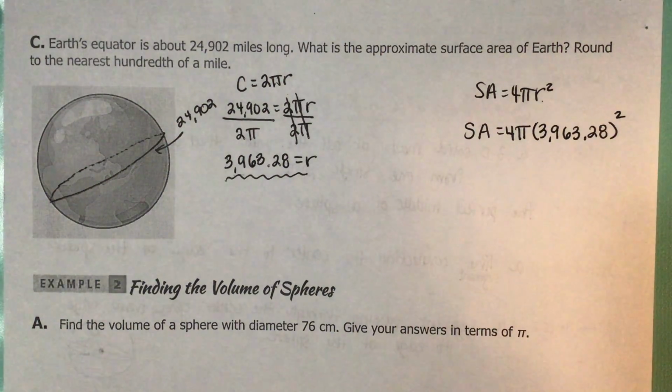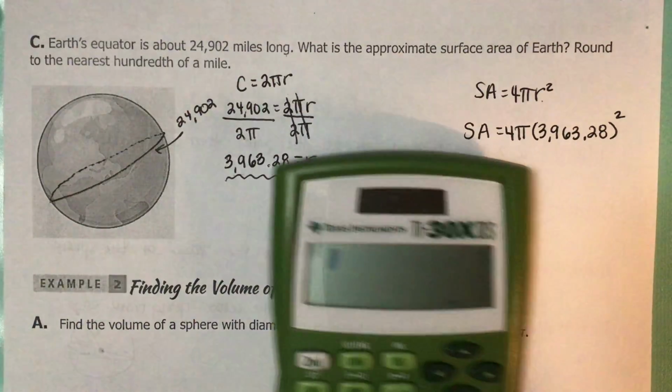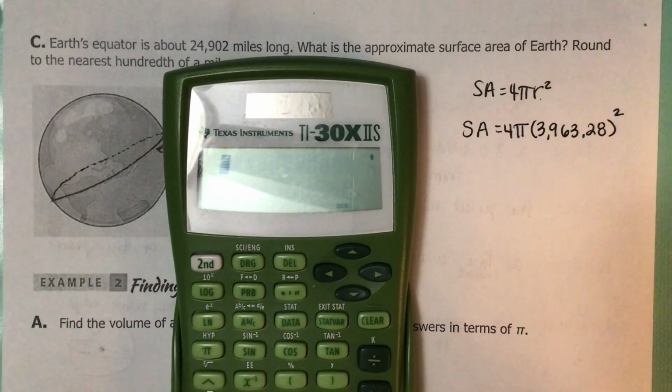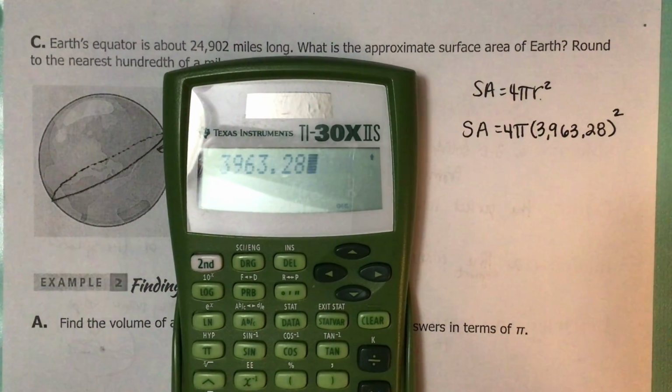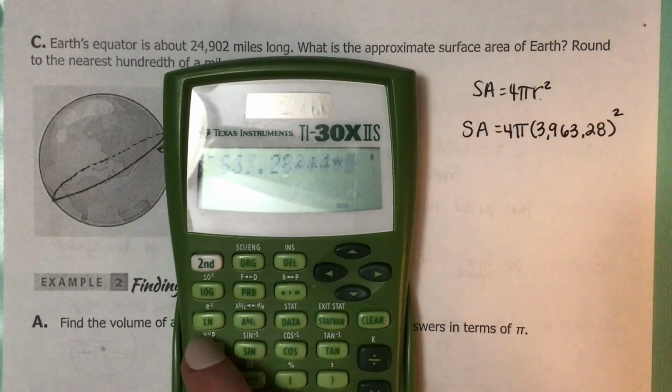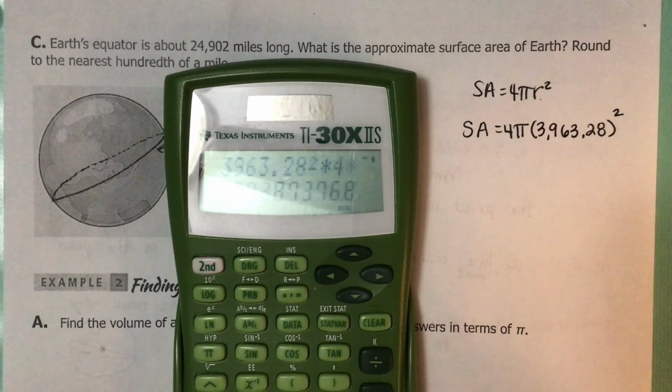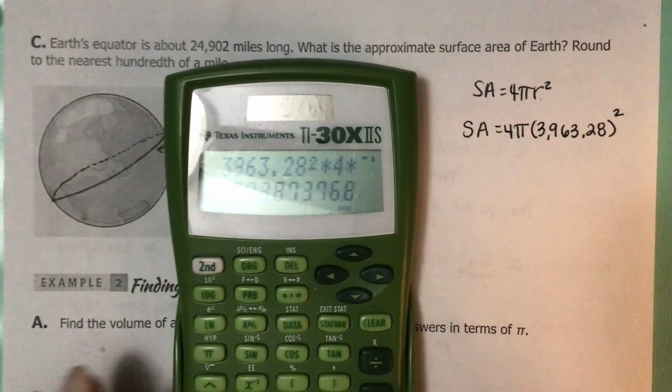I'm going to type this into my calculator. So what we've got going on here is 3,963.28 squared times 4 times pi. When we get that, a very long number.